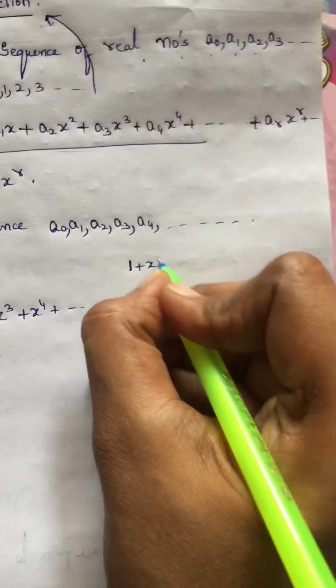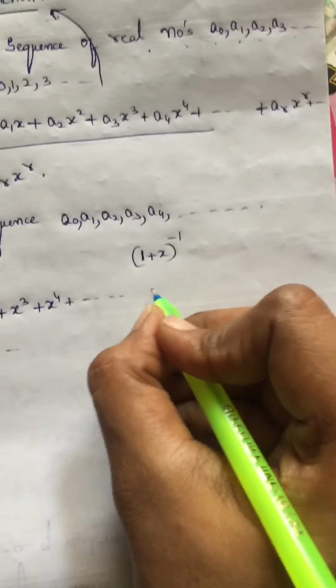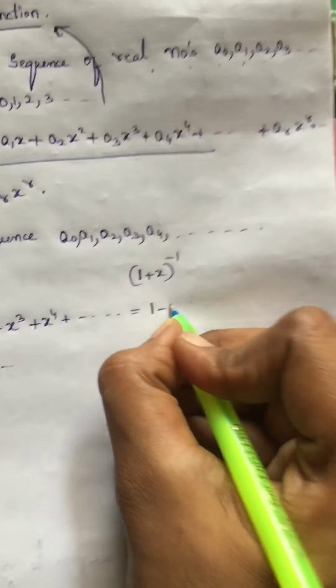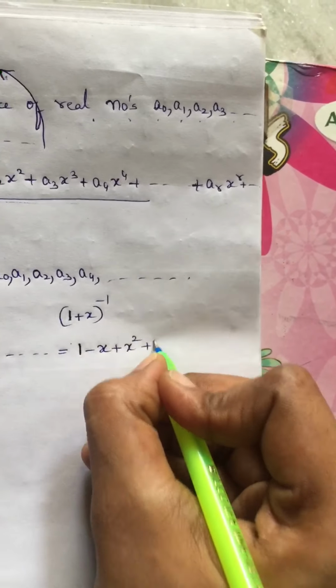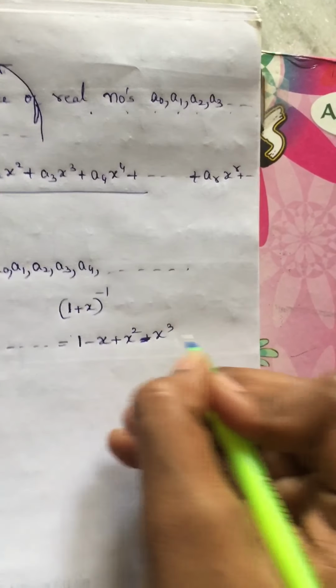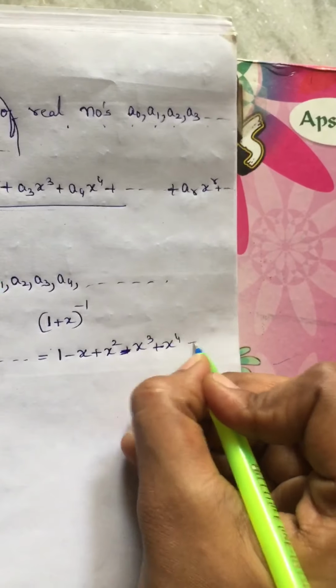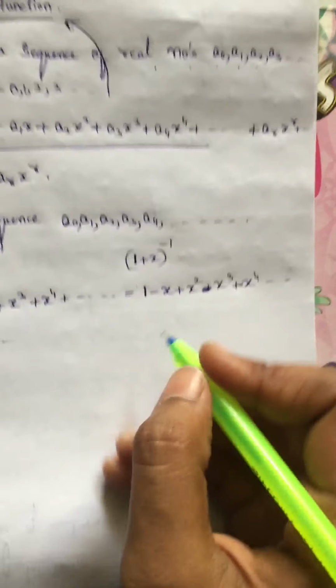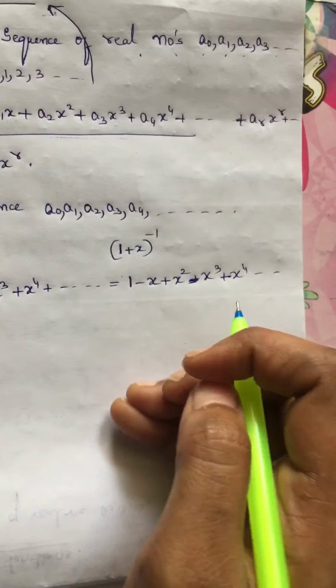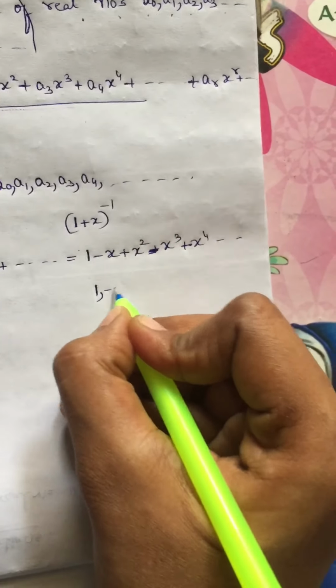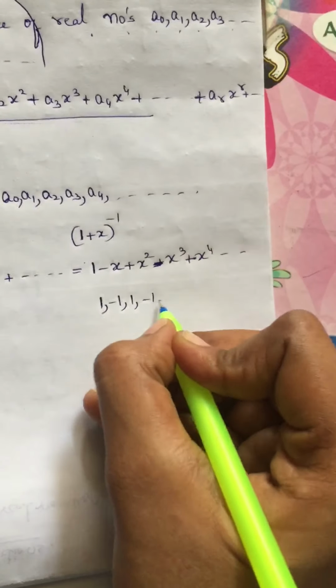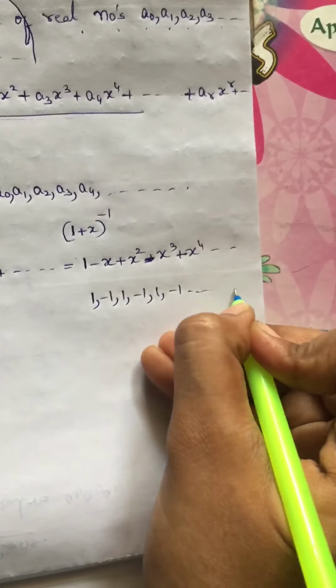Now another example is 1 plus x whole to the power of minus 1. In this expansion we get alternately plus and minus signs. So here the coefficients of the x terms are 1, minus 1, 1, minus 1, 1, minus 1 and so on.